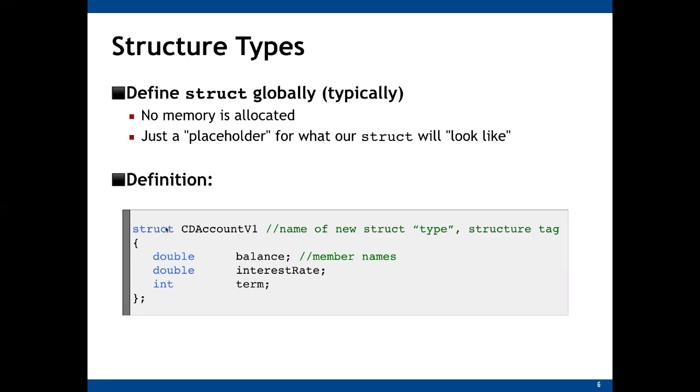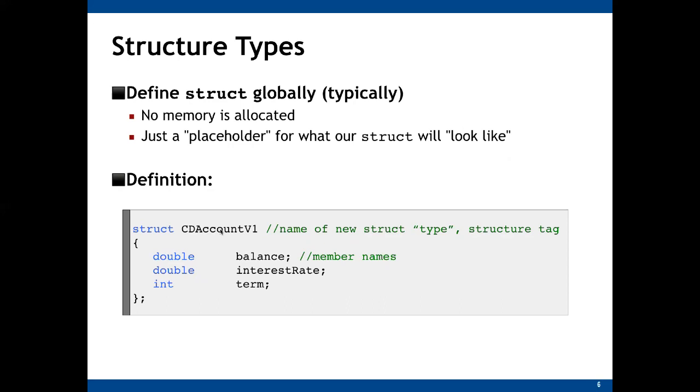The keyword struct indicates that this is a structure type definition. And here CDAccountV1 is the name of the structure type. We call this the structure tag. So CDAccountV1 is a structure tag.